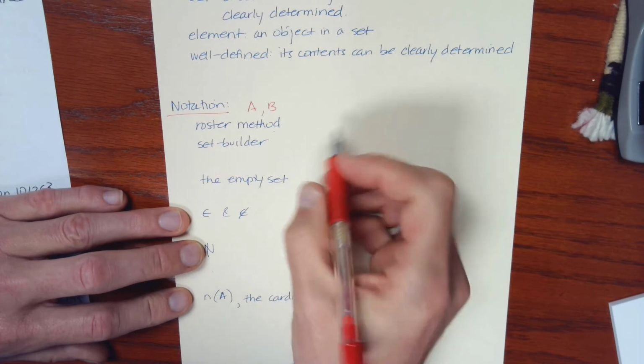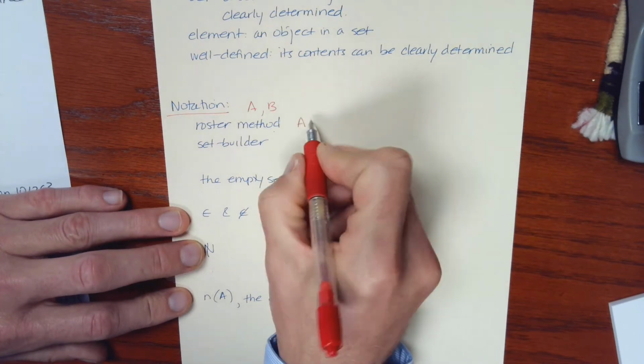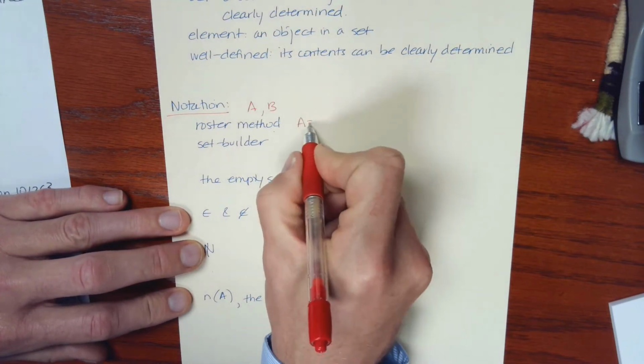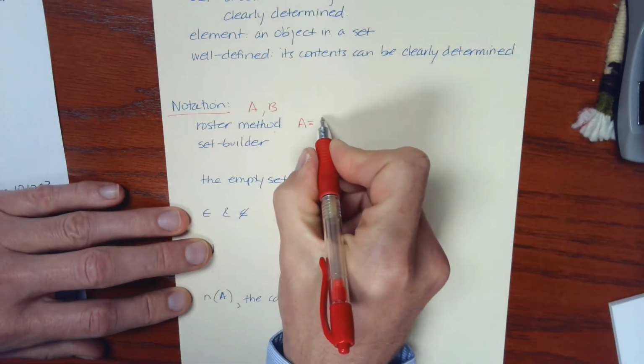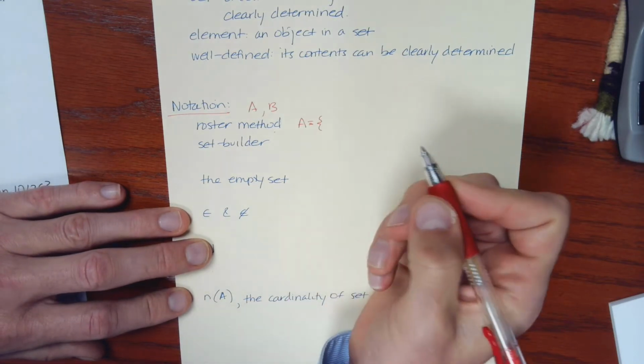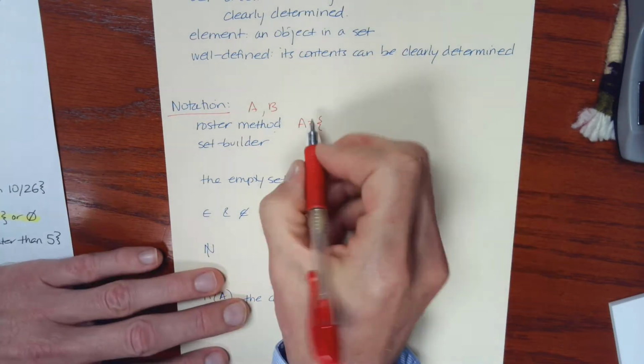So in the roster method, if I name the set A, then I can just say, well, A includes the following elements, and I'll use some brackets.